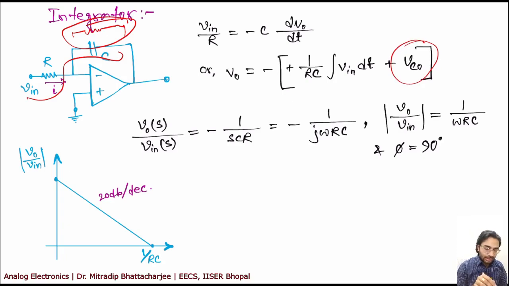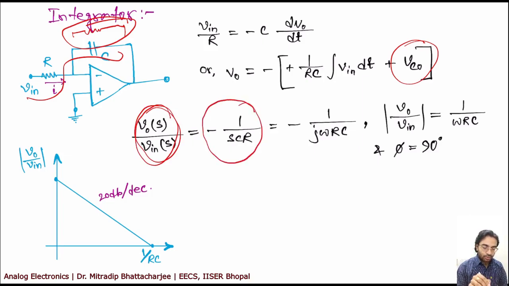So you will get again a transfer function which is similar to minus 1 by SCR. So you have a pole this time. Pole means it's 20 dB per decade downwards. So if you get something of this sort, then this is a low pass filter.